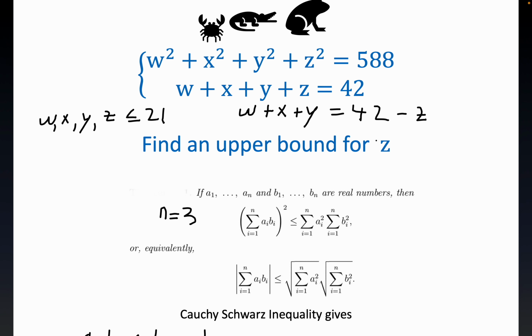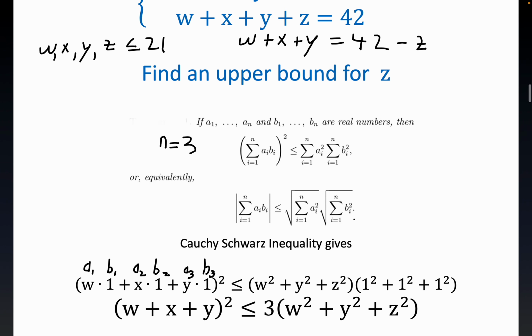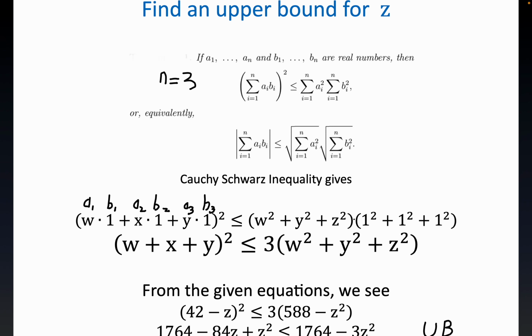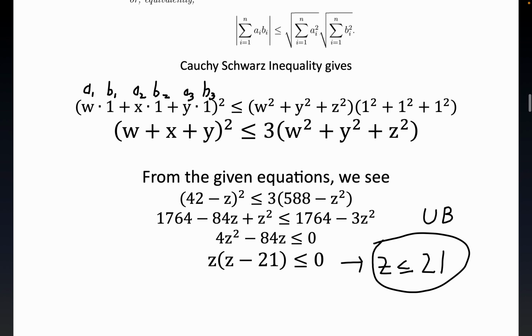I said an upper bound for z. I could have made the instructions find an upper bound for all the variables in the system, okay? And this would be the answer. I just said find it for z, just because you have to pick one and work it, but again, you could have picked any of them, and the mathematics would have been similar, right? Very, very similar, just different names for the variables. So anyway, that does it.